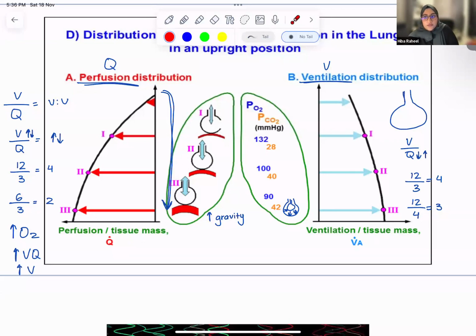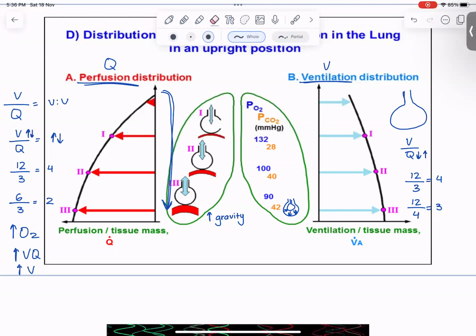Okay, wouldn't the ratio decrease as you go to the base of the lung? Exactly. So yes, you're correct, the ratio decreases as you go to the base. Why did I say that? Because both of the numbers are canceling each other out.